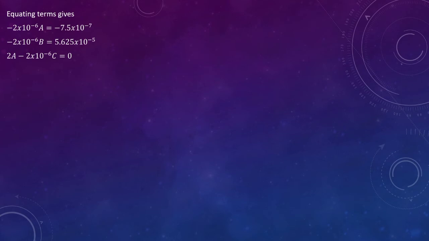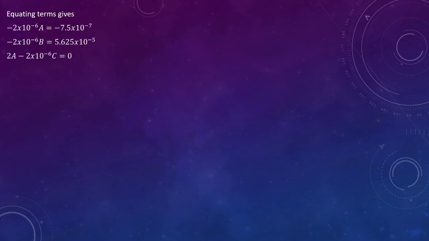Gives negative 2 times 10 raised to the power of negative 6 a is equals to negative 7.5 times 10 raised to the power of negative 7. Sa dili na part is kanang gina-partner lang sila kung kinsa nila ang naa kanang common. So, next is negative 2 times 10 raised to the power of negative 6 b equals 5.625 times 10 raised to the power of negative 5.